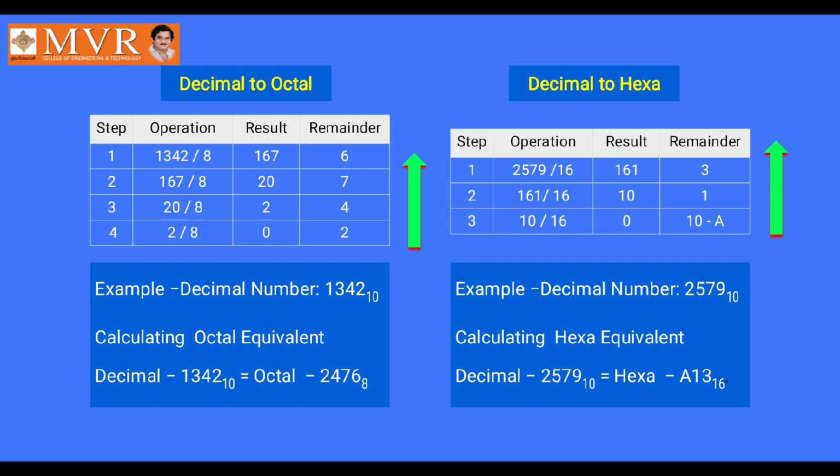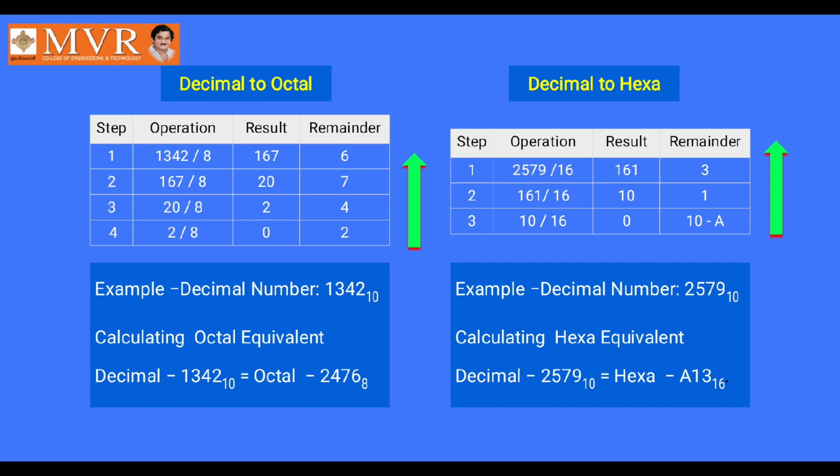Here you have to remember that there is no digit 10 in hexadecimal, as we saw in the previous table. There the digit values are given: 10 stands for A, 11 stands for B, 12 stands for C, like that. So 10 is equal to A in hexadecimal. That's why I have written 10-A there.